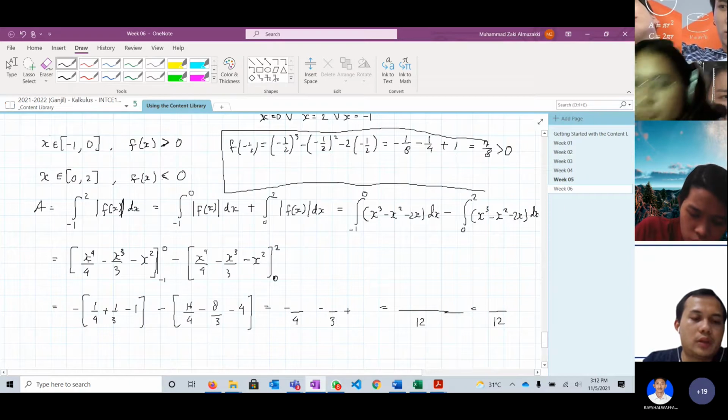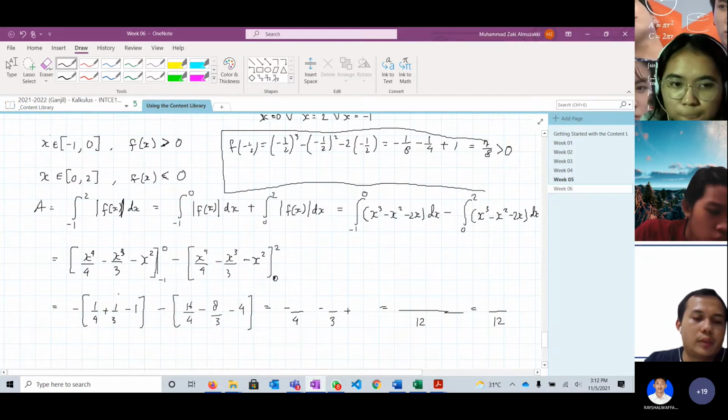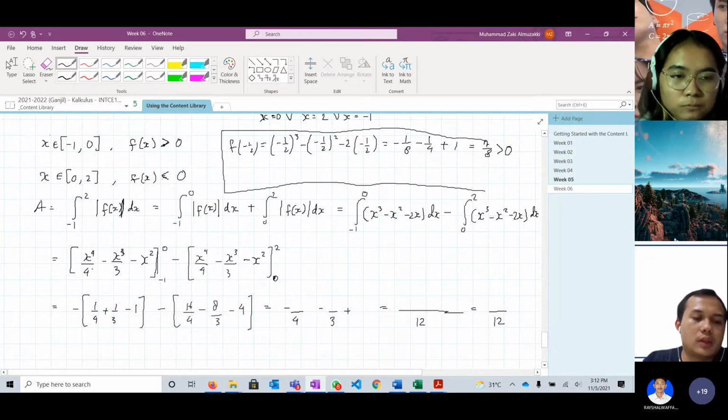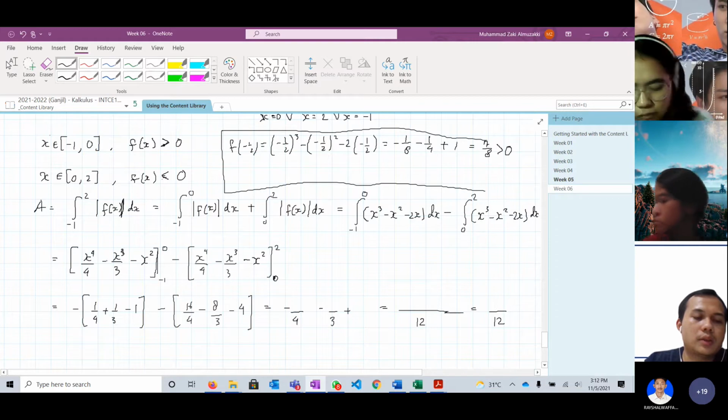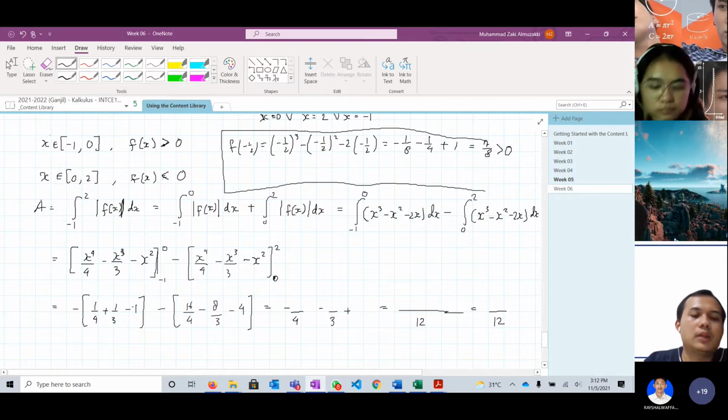Now, if we put 0, everything here is 0, minus, if we put -1, minus 1/4, then minus 1/3, so plus 1/3, minus 1.